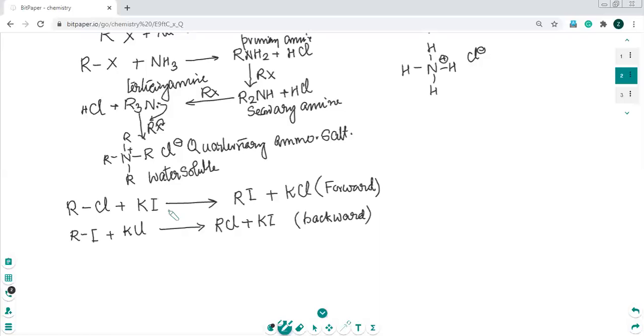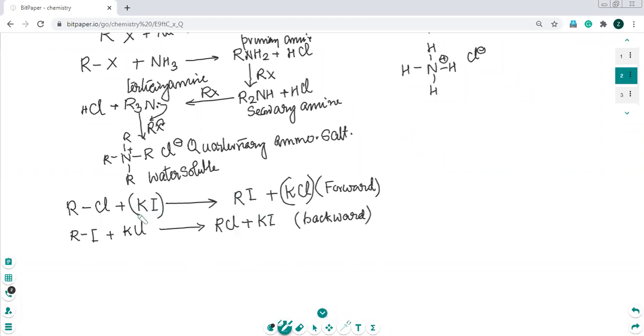That depends on the stability of your product. Here potassium chloride is much more stable than potassium iodide. So that way you can judge which direction the product will be formed.